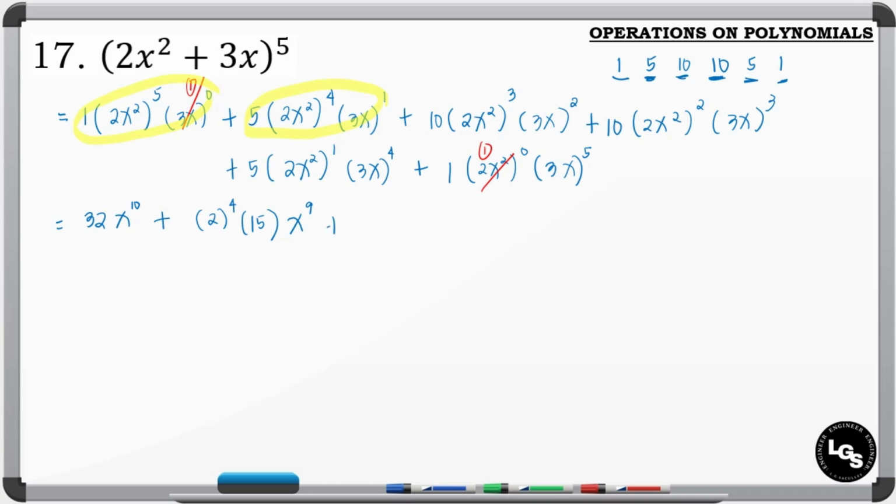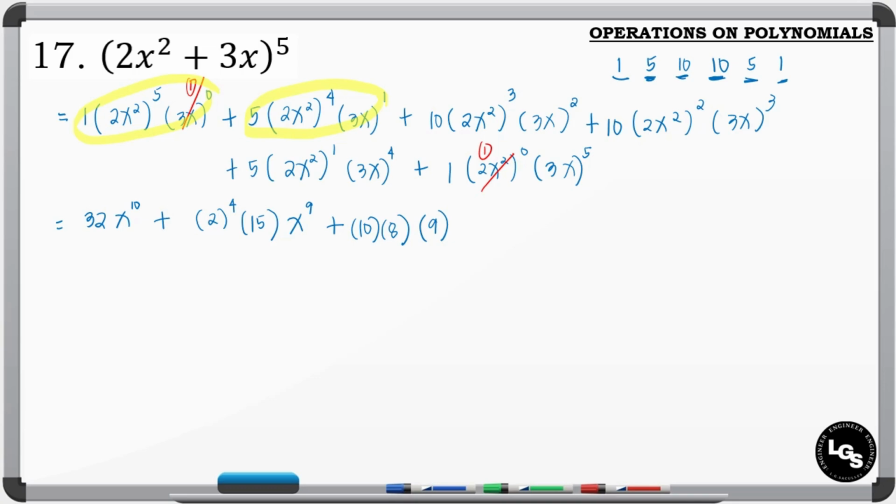For the next term, we have 2 raised to 3. So that is 8. Then we have here the 10 coefficient. 3 raised to 2. So that is 9.